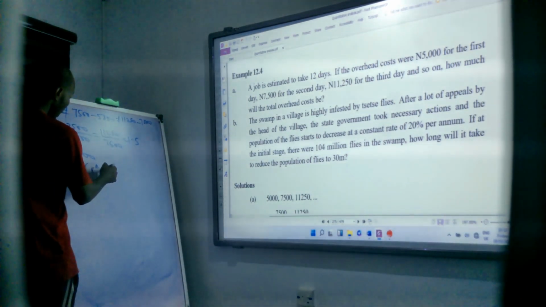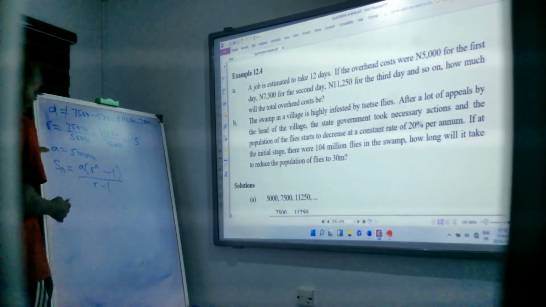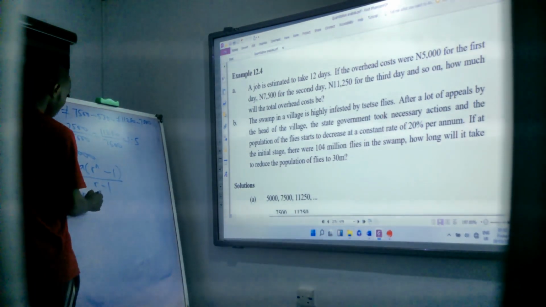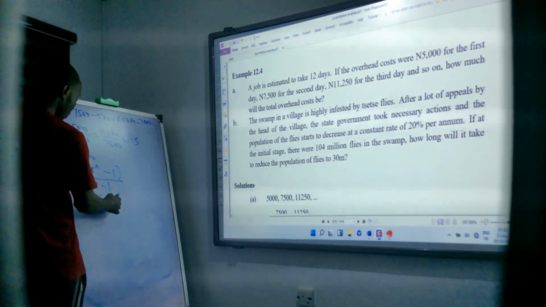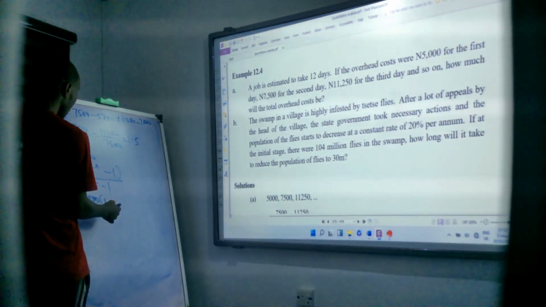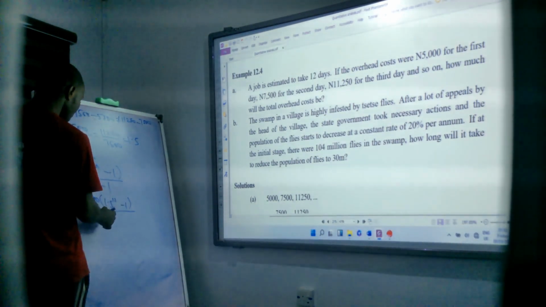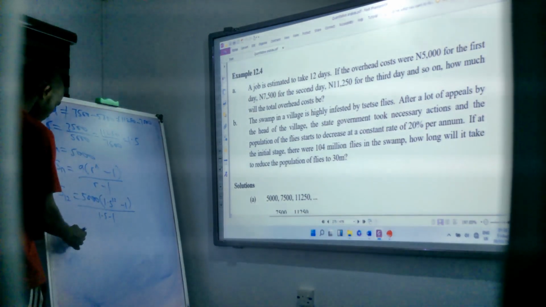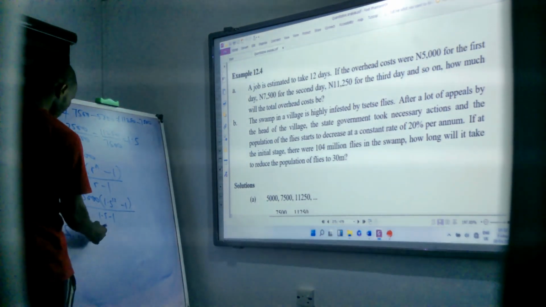Let's get that. The sum of the first n terms of a GP, where r is greater than 1, will be A times r raised to n minus 1, over r minus 1. So the sum of the first 12 terms equals the first term, 5,000, times 1.5 raised to power n, where n is 12, minus 1, divided by 1.5 minus 1.